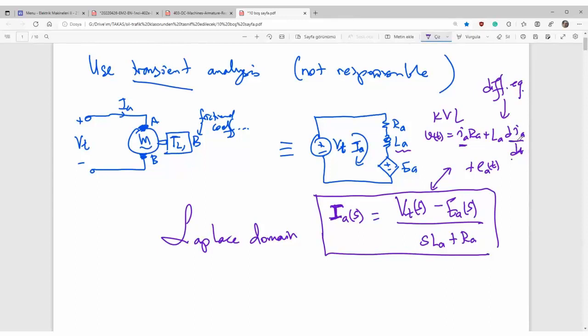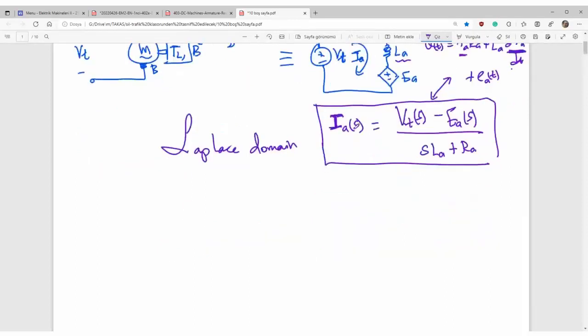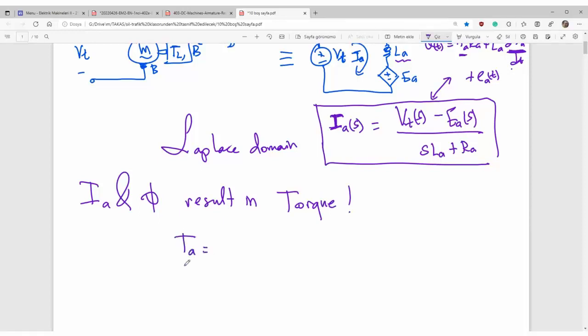Here is the derivative. Such a current solution, together with flux, results in torque. The induced torque in an electric machine is equal to an armature coefficient, times flux, times armature current.